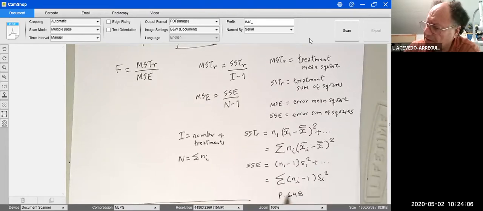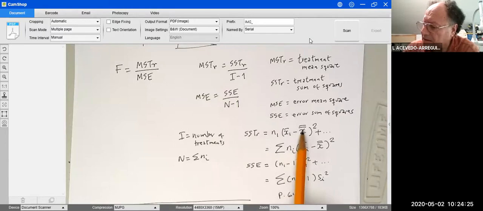And you have here the formulas. If you go to page 648, you're going to find the formulas that you're going to need to compute these quantities. For example, the treatment sum of squares is going to be n1, the size of the first sample, times the mean of the first sample minus the grand mean.